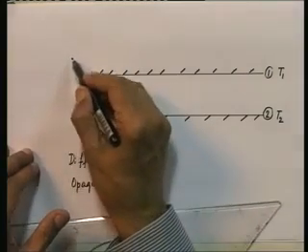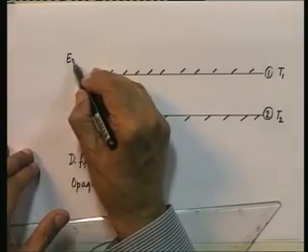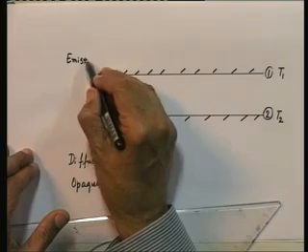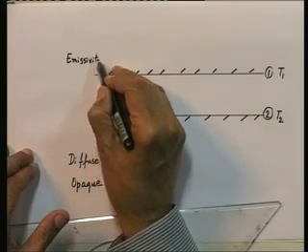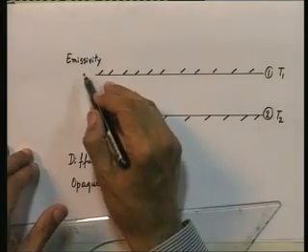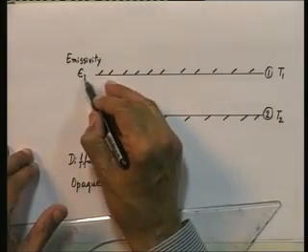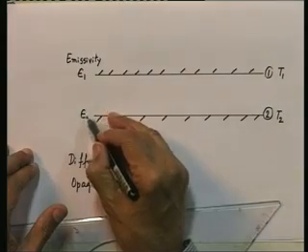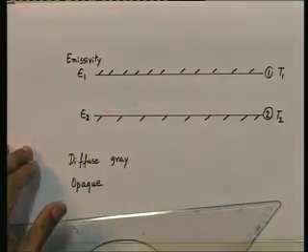Let the emissivities of these 2 surfaces be epsilon 1 and epsilon 2.